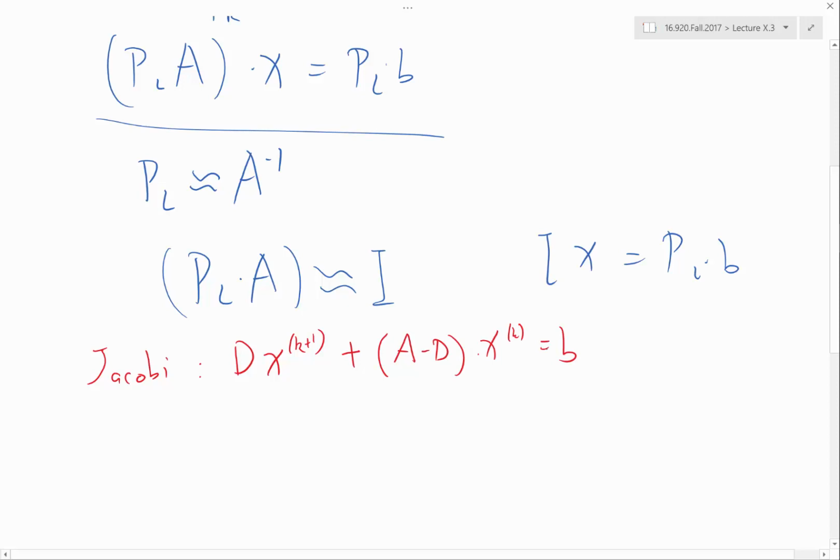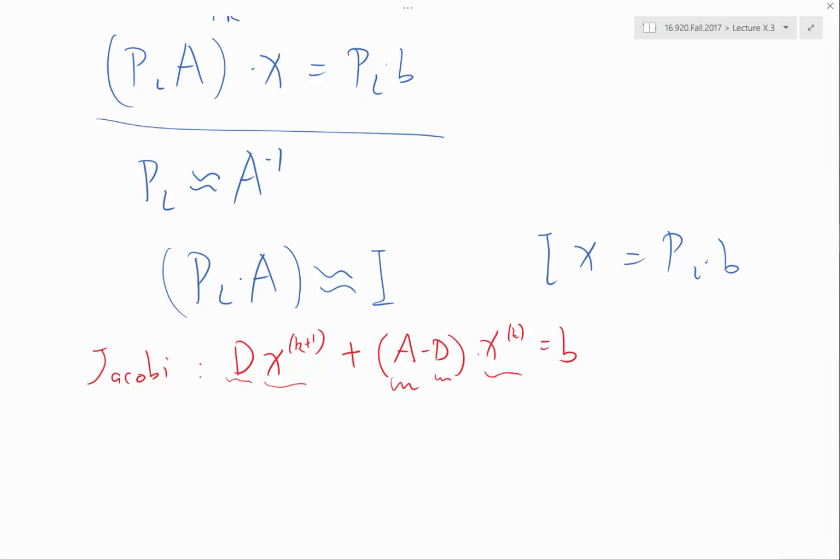So that's another way to write Jacobi. You can see that applying Jacobi only involves three things. One is multiplying A with a vector. Two is multiplying the diagonal of A with a vector. Three is multiplying the reciprocal of the diagonal with a vector to compute the xk plus 1, right?